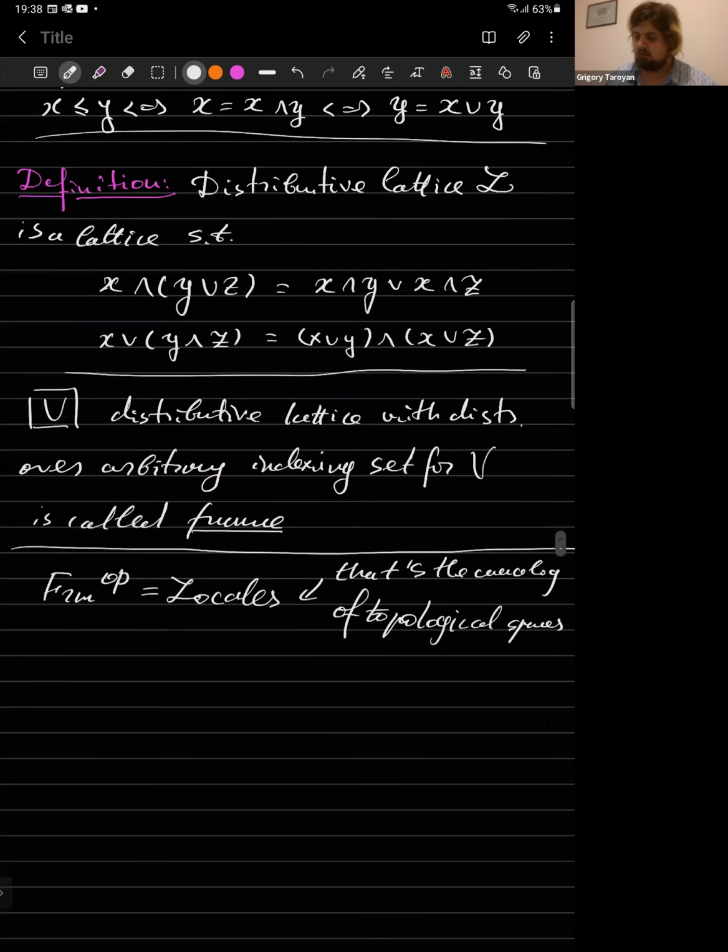And so this is sufficient to do general topology. But I will not dive too deep into this pointless, point-free approach to topology. Okay, so let me get back on track.